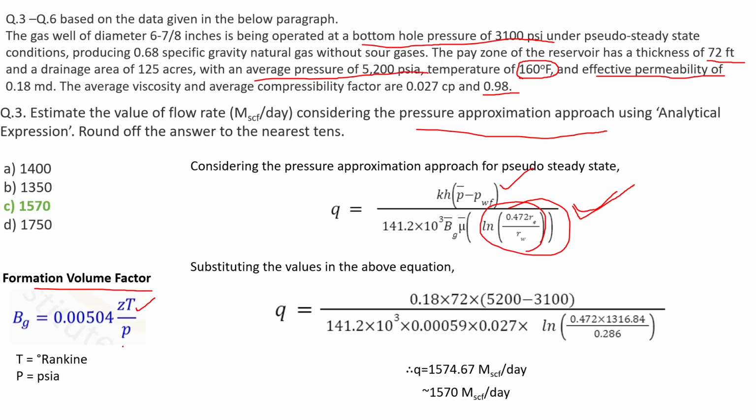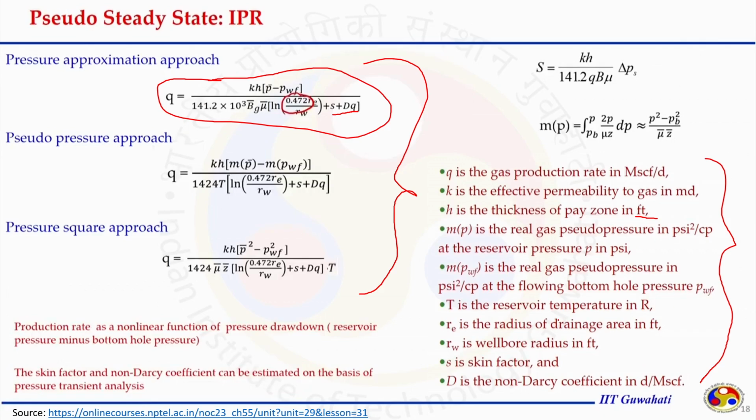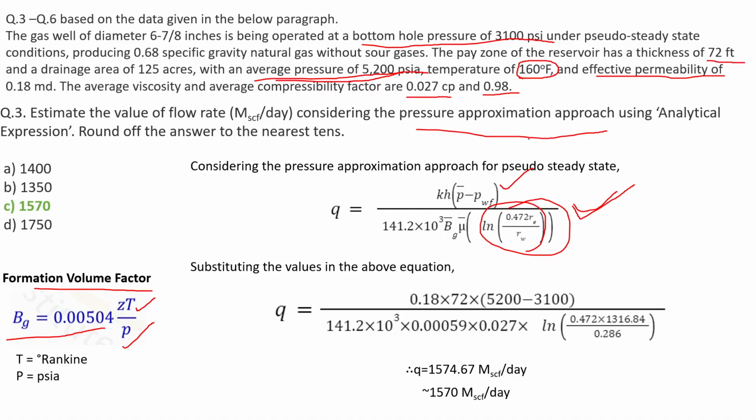And pressure has to be in PSI, so you will be using the average pressure here, that is already given to us in PSI. You will put these values here and get the value of Bg average. Mu is the average viscosity that is known to us, 0.027 in centipoise. It has to be in centipoise only. It's not stated, but it will be in centipoise.